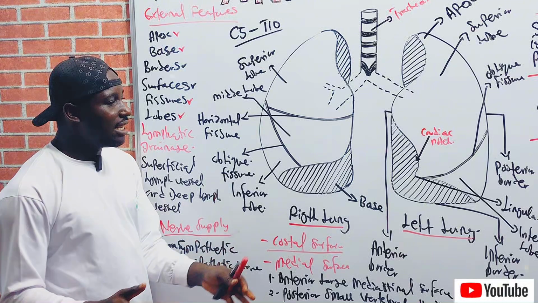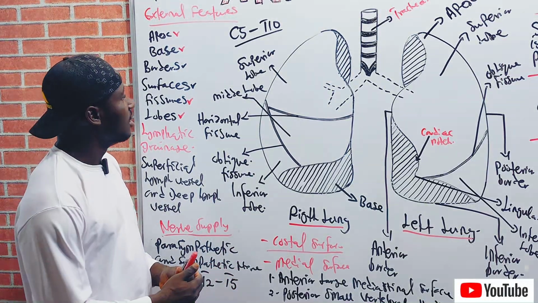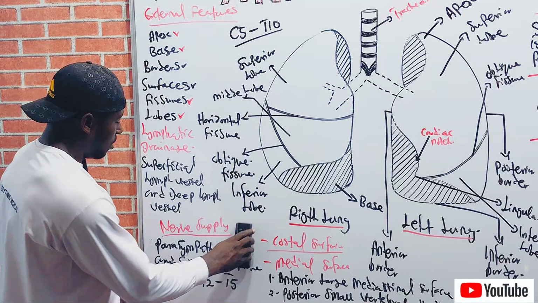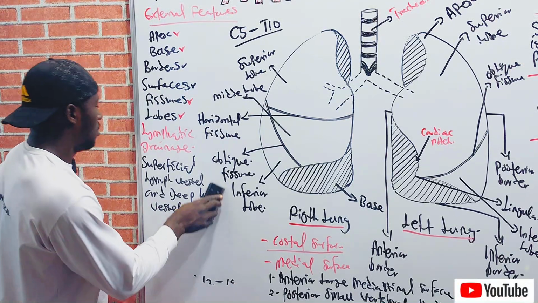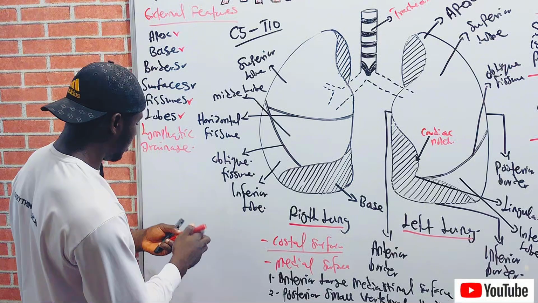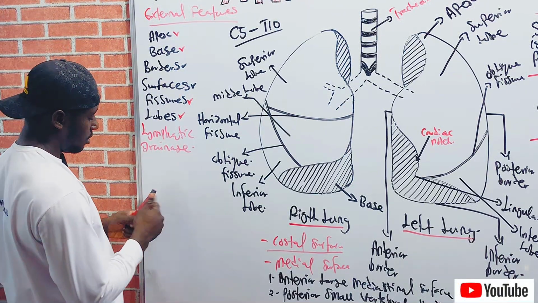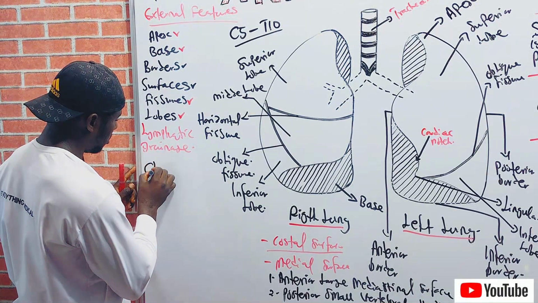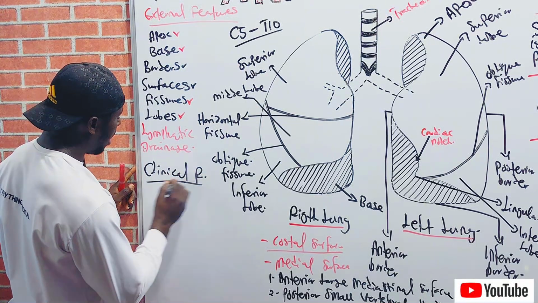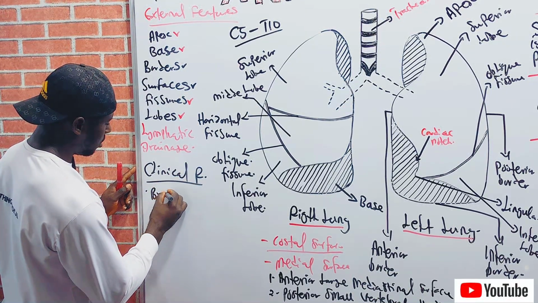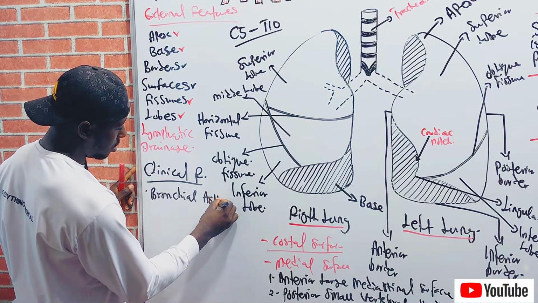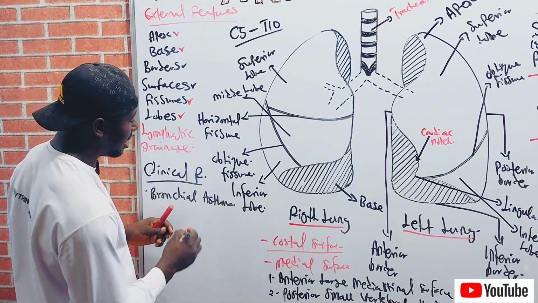The next is the clinical relevance of the lungs. Number one is bronchial asthma.